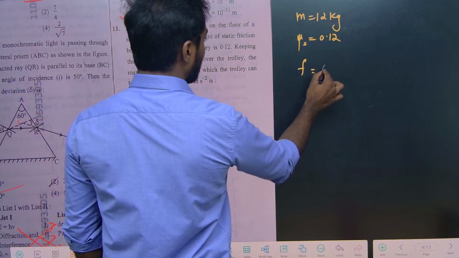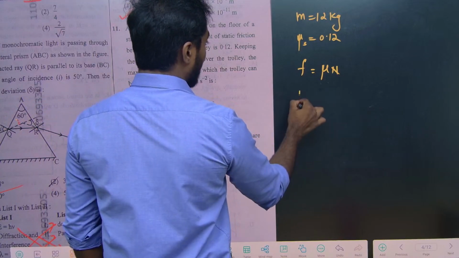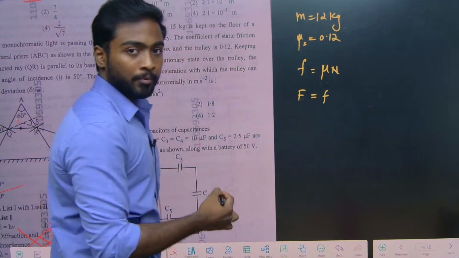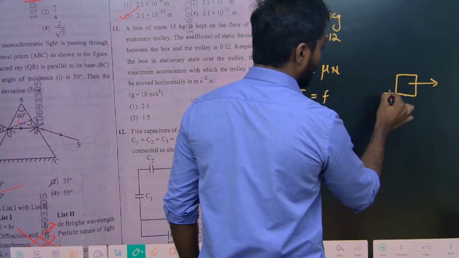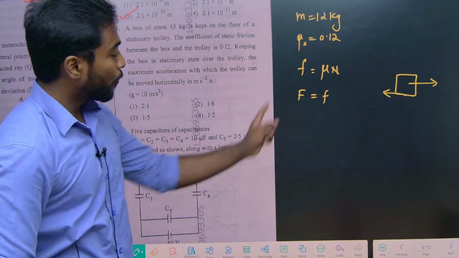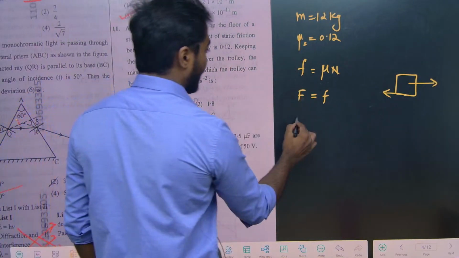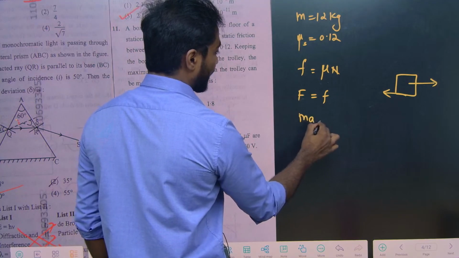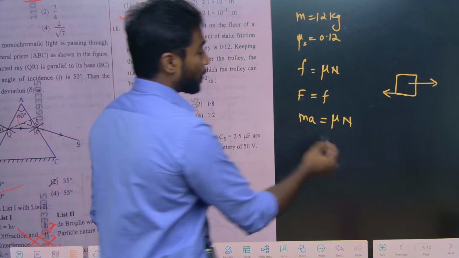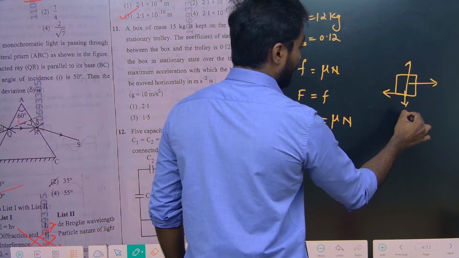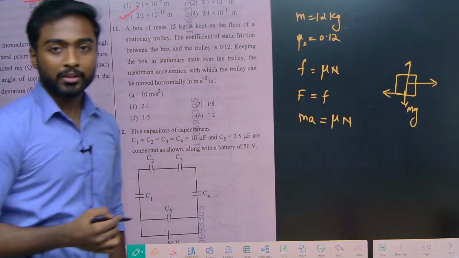And the friction formula is mu into N, and force equals F. An object is kept like this; if a force is applied, friction acts in the opposite direction, so force equals friction. So can I write force as mass into acceleration and friction as mu into N? N is nothing but mg, the normal force here.